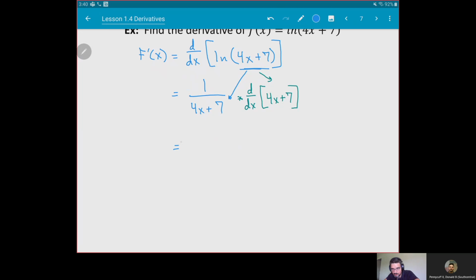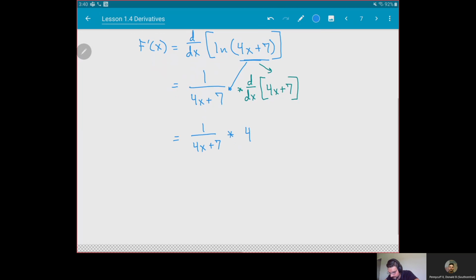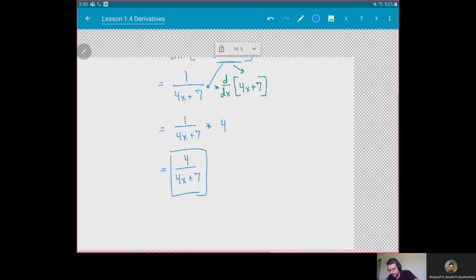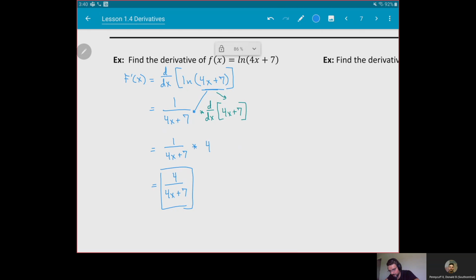Not for this problem, but in general, you tend to get a lot of things that go away when you're doing logarithms. All right, there we go. And so that is the derivative of that logarithm, just one step at a time.